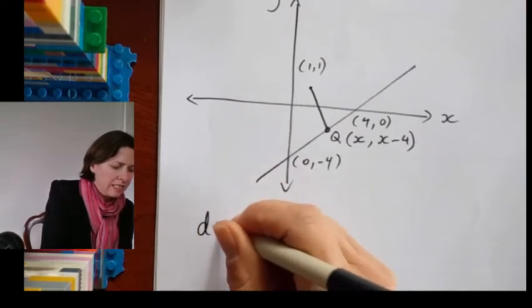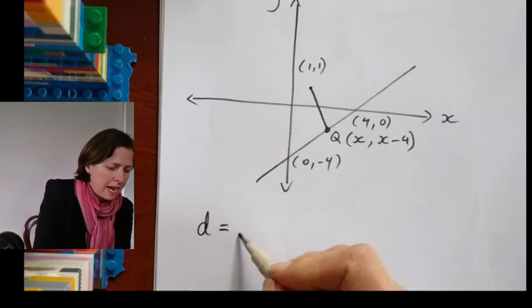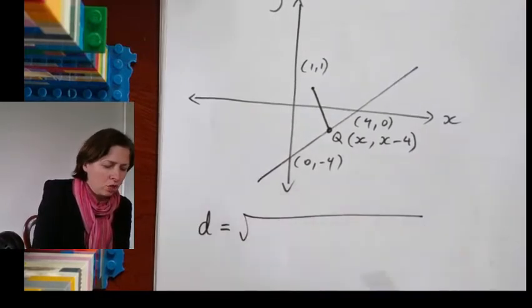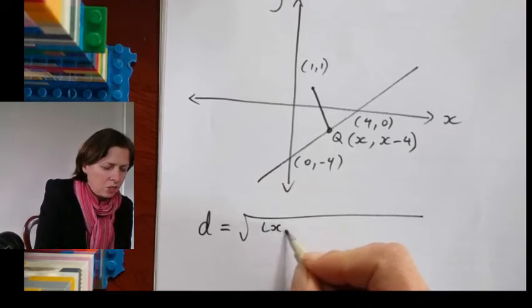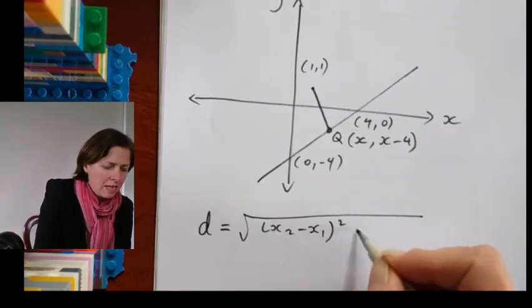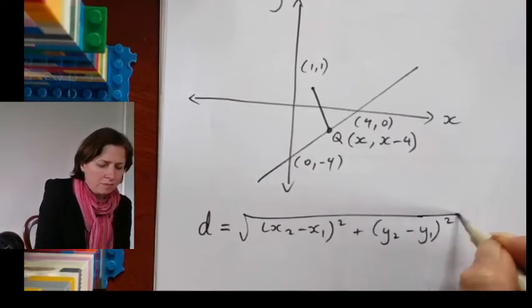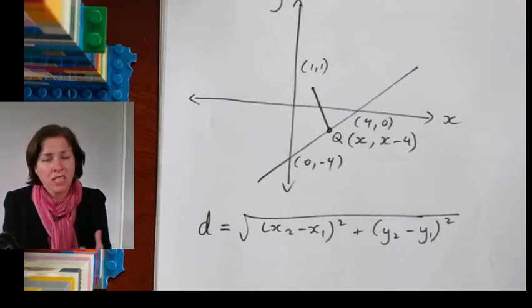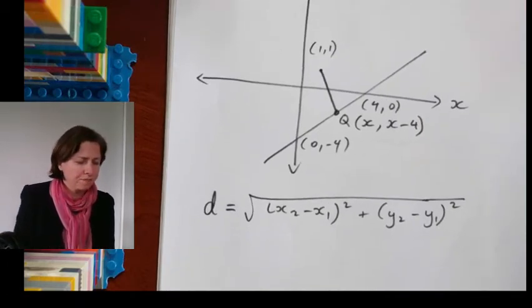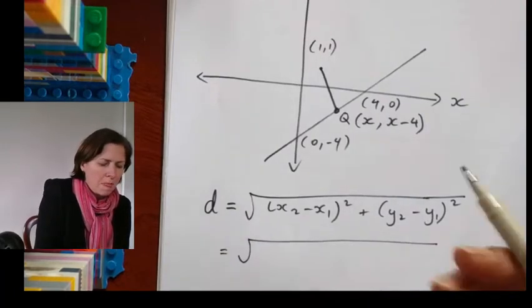So if d is distance, I know that on the Cartesian plane, to find the distance between 2 points, I've got the square root of (x2 minus x1) squared plus (y2 minus y1) squared. Okay, this is from Pythagoras' theorem, but I learnt this equation in year 9. So, what have I got?